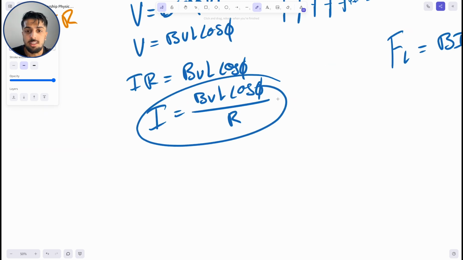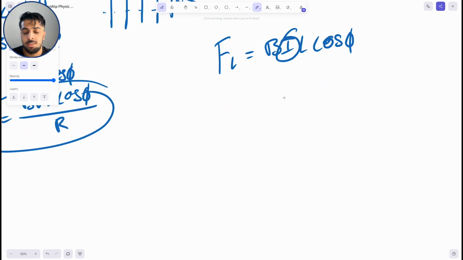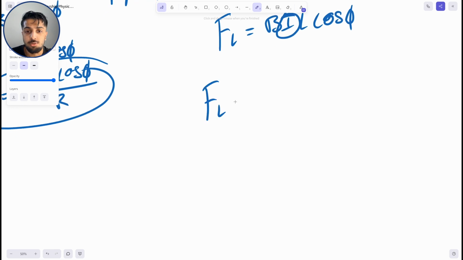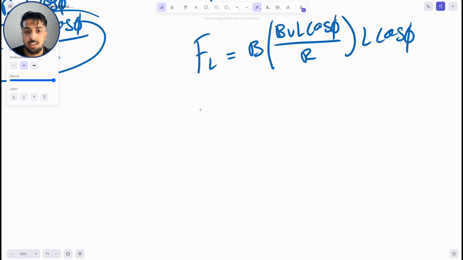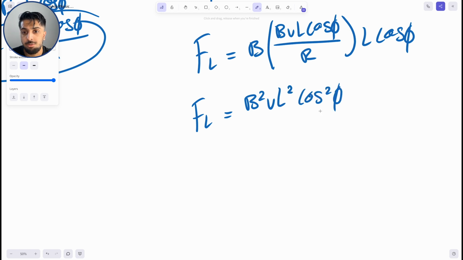Now, subbing in this equation for our current, we get the force due to Lenz's law is equal to BvL cos phi all over our resistance times by L cos phi. Now, expanding this out, we get the force due to Lenz's law is equal to B squared vL squared cos squared phi all over our resistance.